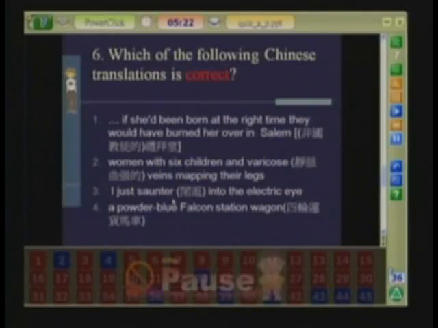Saunter means walk lightly, walk in a leisure way. But then this is a problem with Chinese translation. Saunter 可能是 saunter about, 那是闲逛。可是 I saunter into the electric eye. I just walk lightly, walk in a leisure way, or try to be casual.